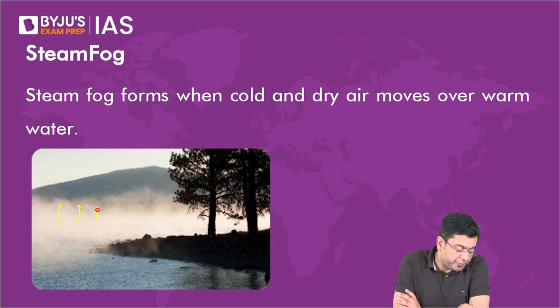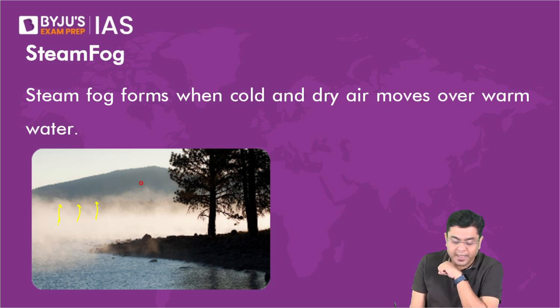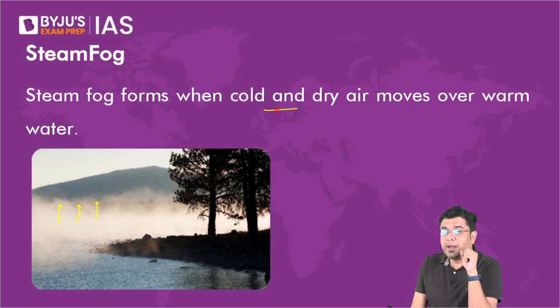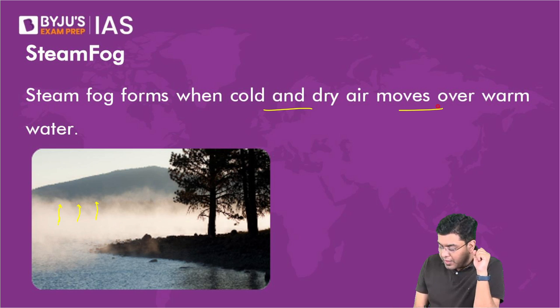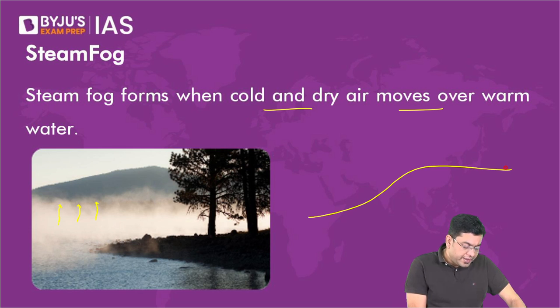You will experience that kind of movement, but it is not steam which is rising, it is simply fog formation. So, how does this happen? This occurs when cold and dry air moves over warm water early in the morning. So, early in the morning, let's suppose I consider a land area, and let's suppose I consider a water body.